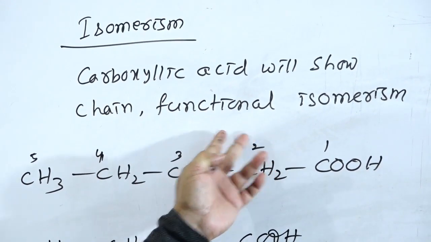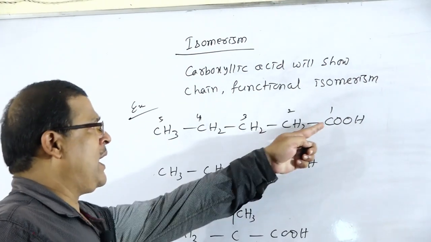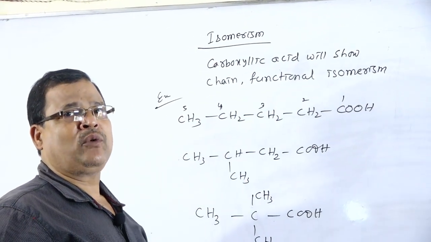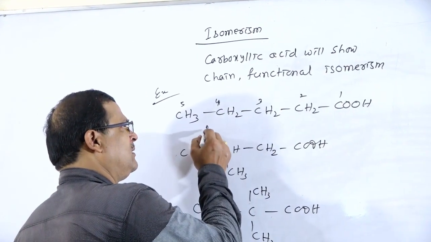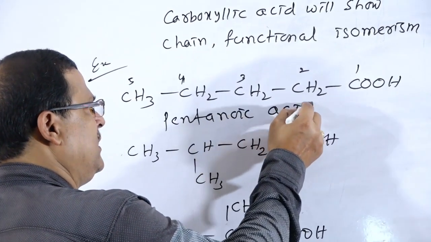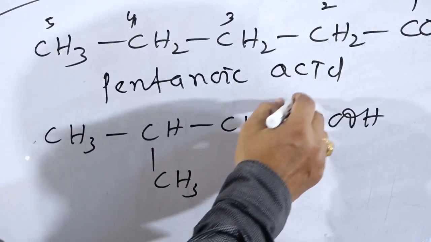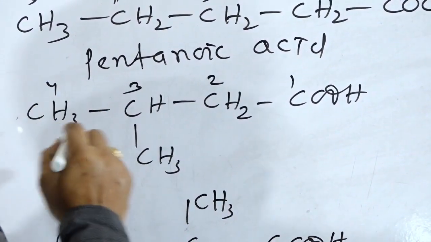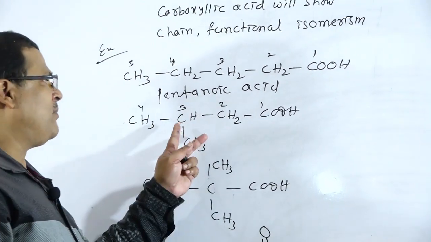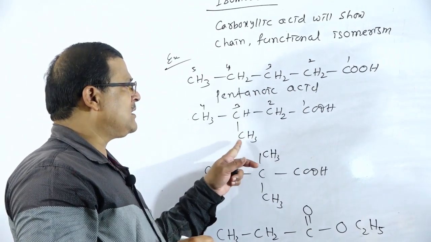For example, I have written one compound: 1, 2, 3, 4, 5, a chain of 5 carbon atoms, pentanoic acid. Then 1, 2, 3, 4: they have the same chemical composition, but in this case 1 carbon atom is not present in the longest chain and remains as a substituent.